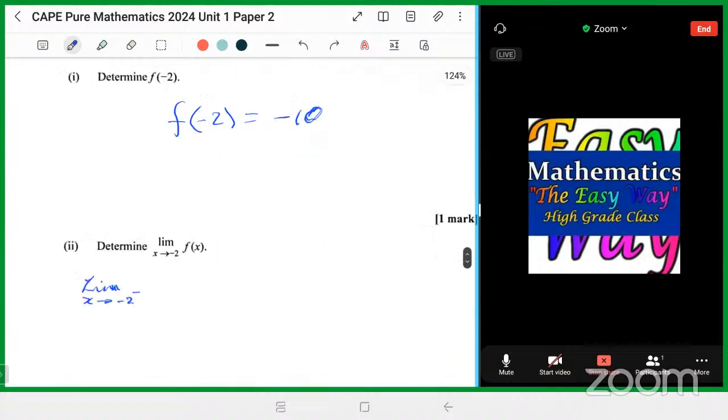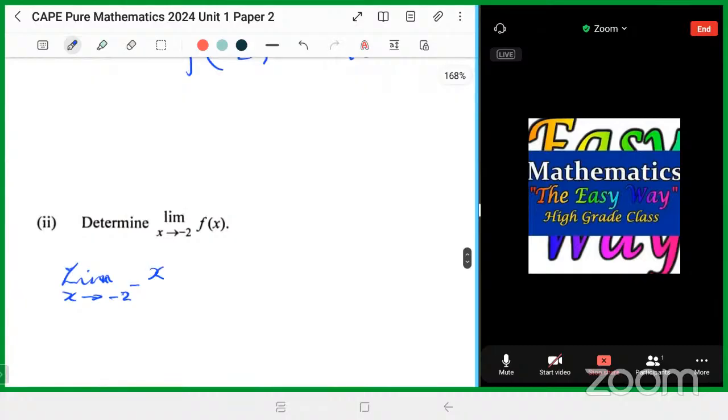I put -2 in there: -2 plus 4 cubed. This becomes 2, and 2 cubed is 8.